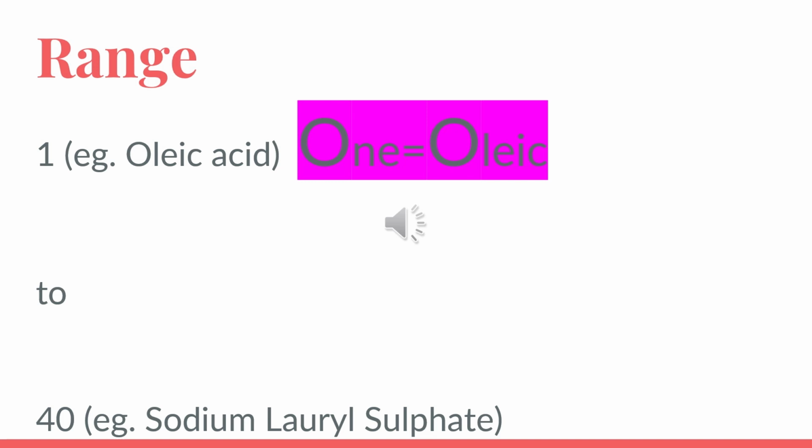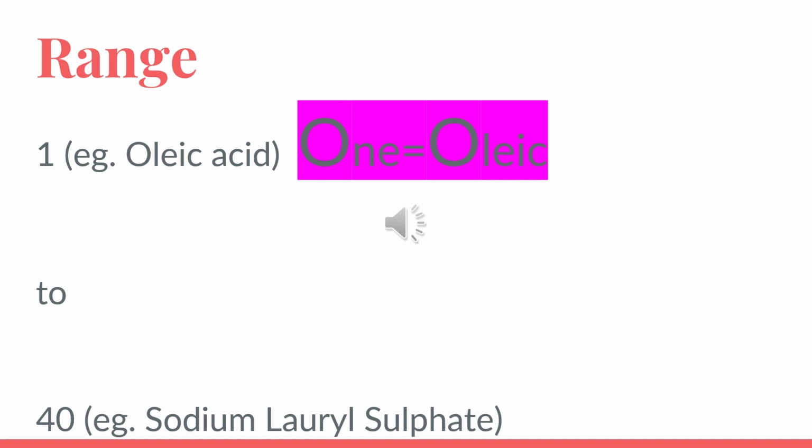For example, the HLB value of sodium lauryl sulfate, or SLS, is 40. Normally the HLB value ranges from 1 to 40.